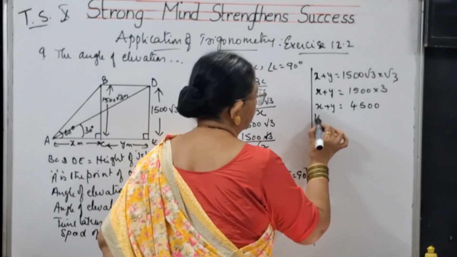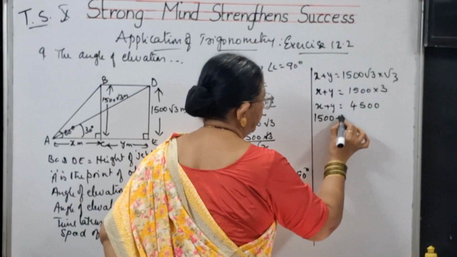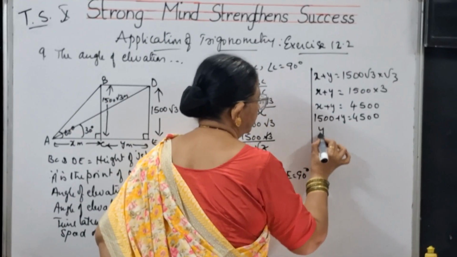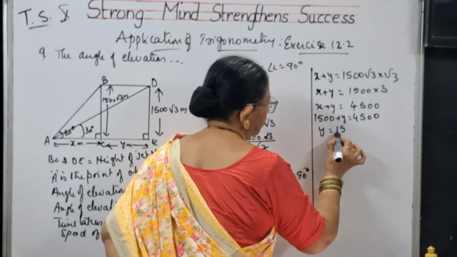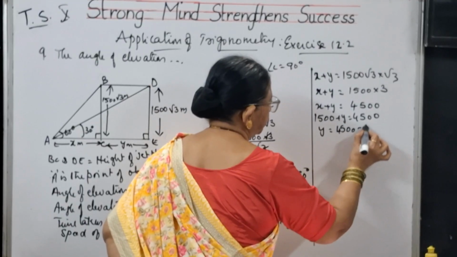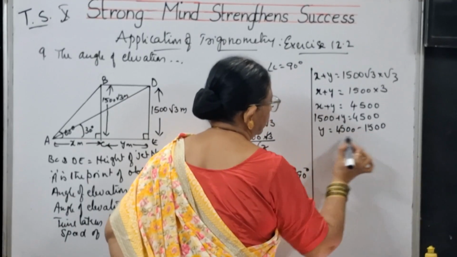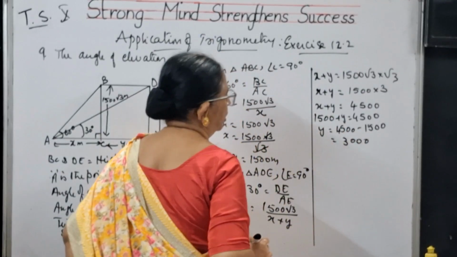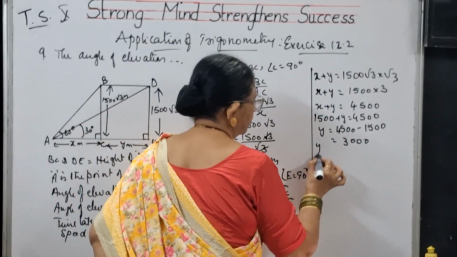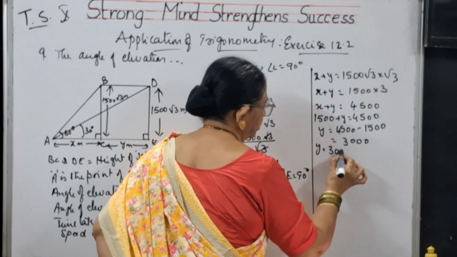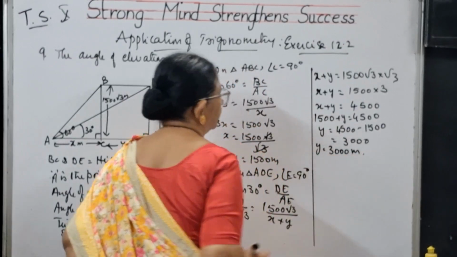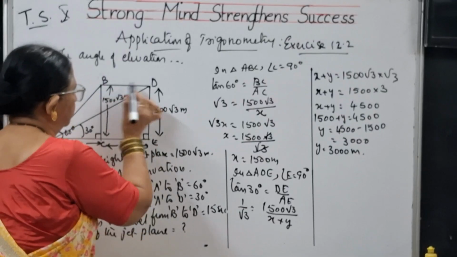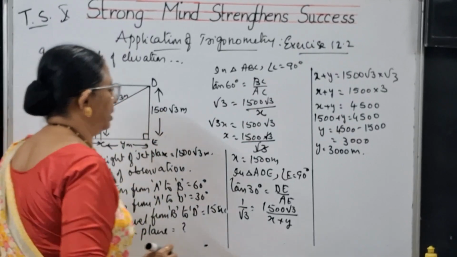Okay, x value you have got is 1500. So let us substitute: 1500 plus y is equal to 4500. y is equal to 4500 minus 1500, so y is equal to 3000 meters. So this is the distance. y is equal to 3000 meters means what? CE.